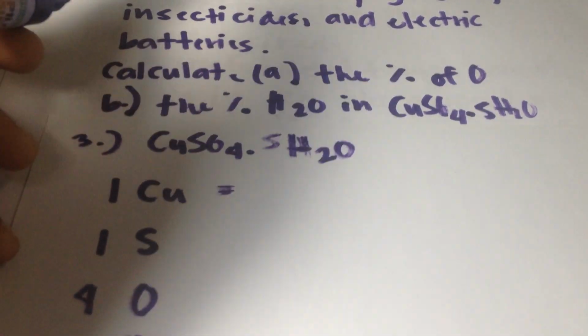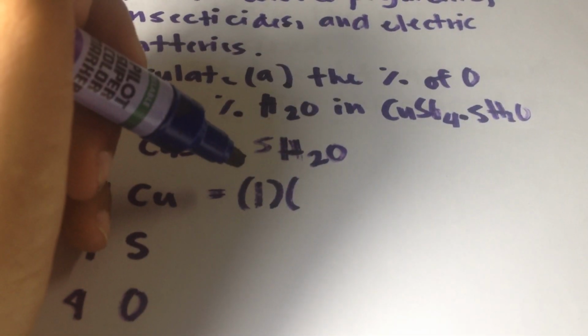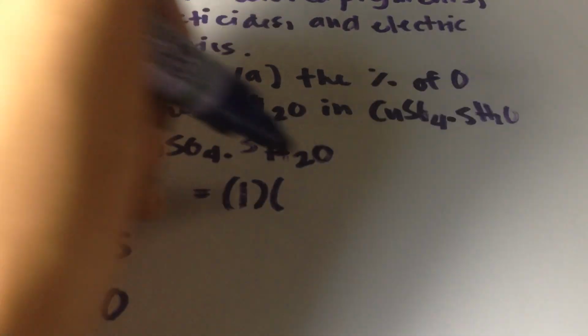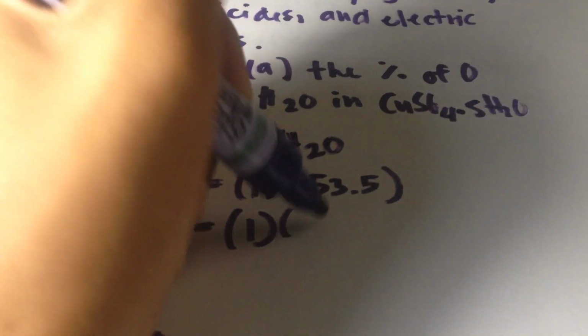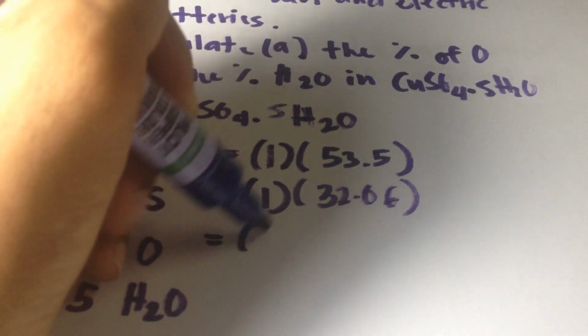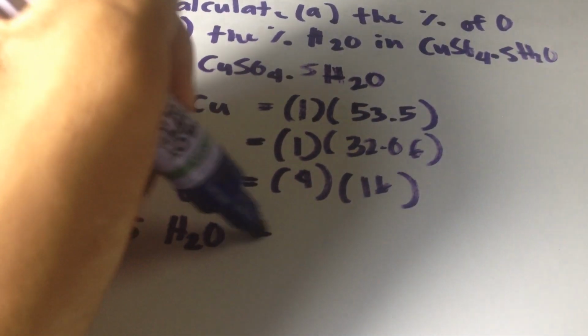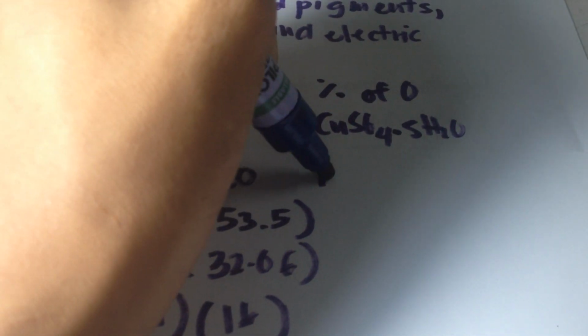so equals 1 times the molecular mass, or molecular weight, of copper, which is 63.5, equals 1 times 32.06, equals 4 times 16, equals, what about the molecular weight of water? So we need to find the molecular weight of water.